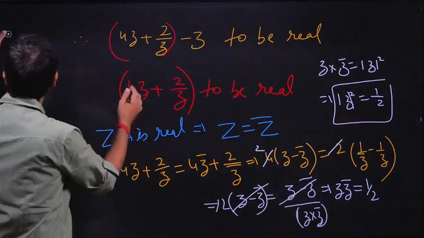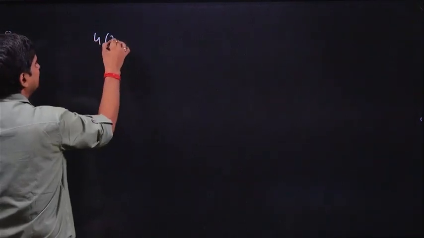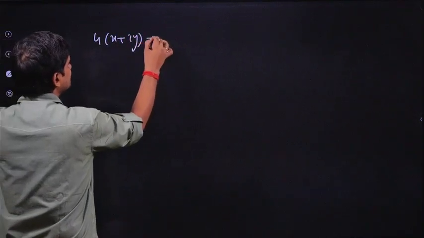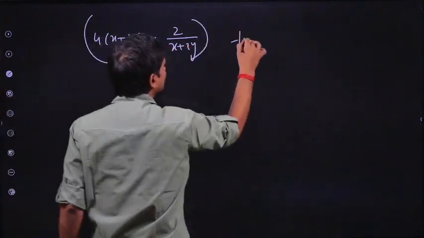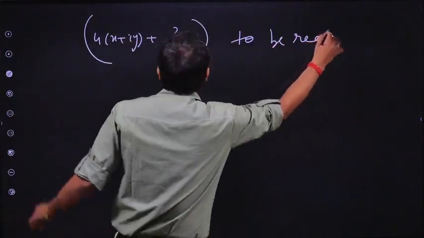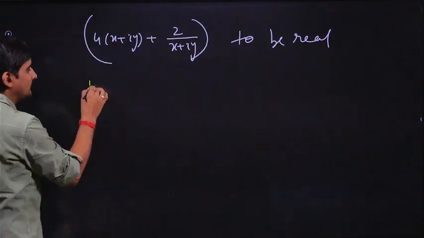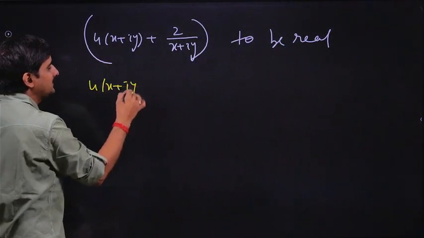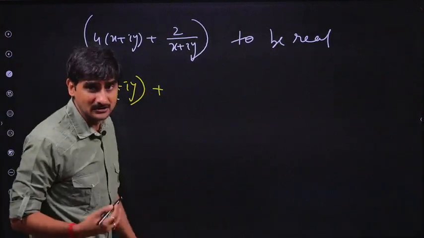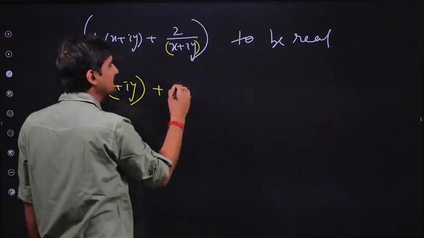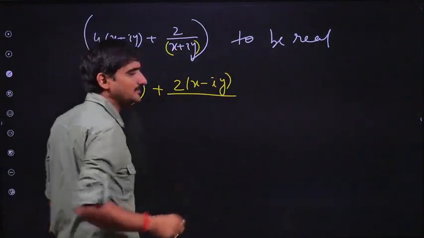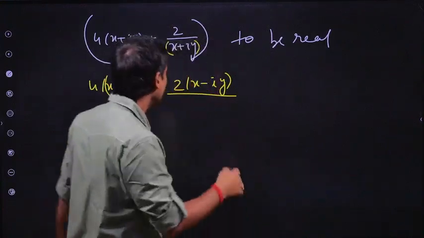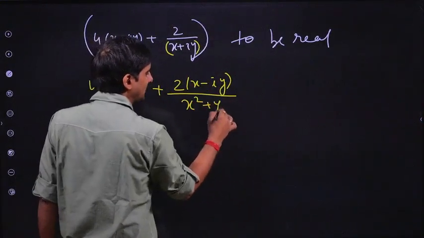Now let's check it using the method which I already did. So x plus iota y, plus 2 upon x plus iota y, this has to be real. I converted 4 into x plus iota y, and for the second term I converted the denominator to a real number. Of course we will be multiplying both numerator and denominator by its conjugate, and we know z into z bar is mod z whole square, so this is nothing but x square plus y square.